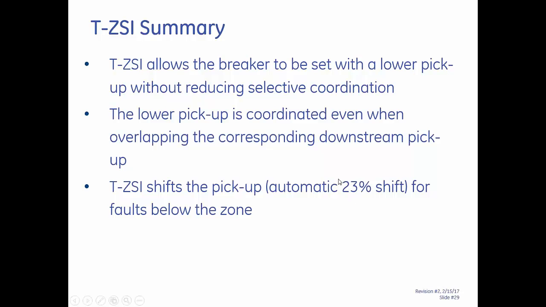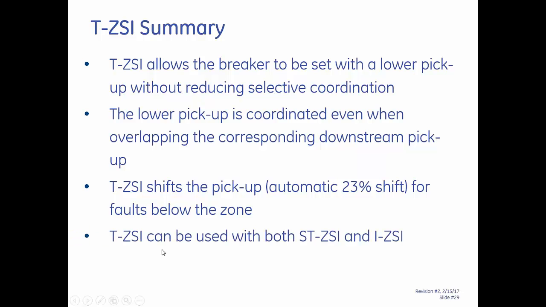It's not something you select. It shifts it by 23%, which always ensures white space between the two breakers. And T-ZSI can be used with short time or I-ZSI. So I just showed you an example with short time and T-ZSI, and the very last thing I'm going to show you is combining all three.